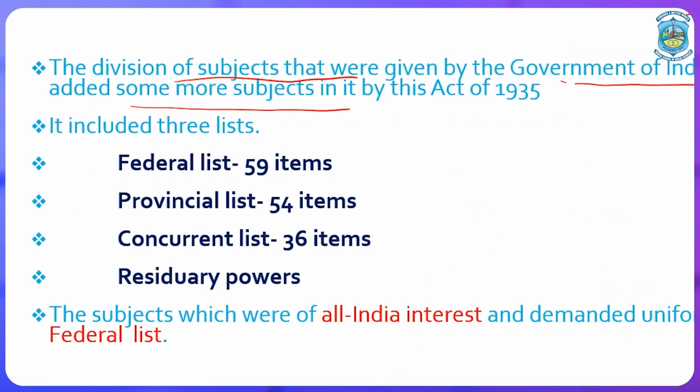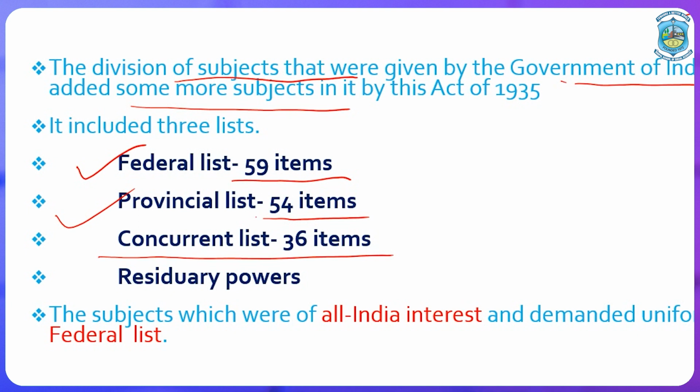The federal list had 59 items, where the federal government will make laws. The provincial list, where provinces will make laws for the provinces, included 54 items. Then there was a concurrent list including 36 items.